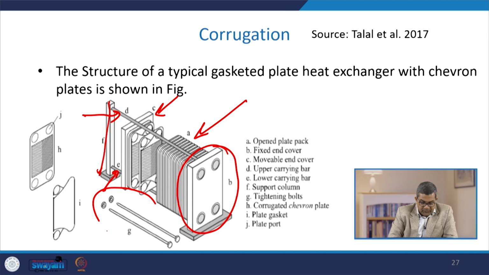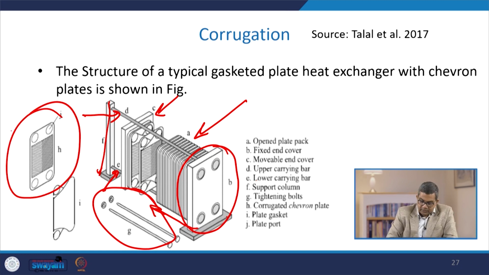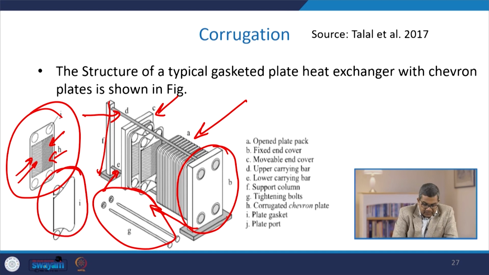Now these are the tightening bolts, so you can introduce these tightening bolts, and here you see the corrugated Chevron plate. Here you see the corrugation, clearly visible, and these are the plate gaskets.